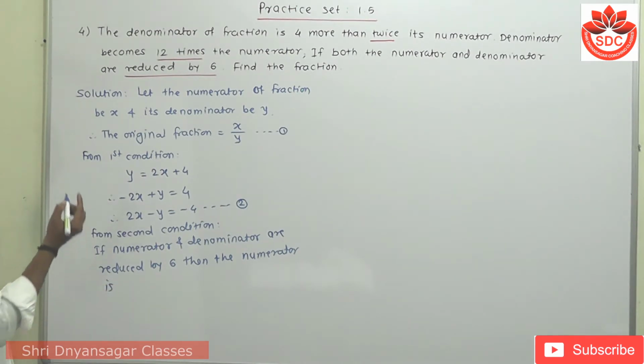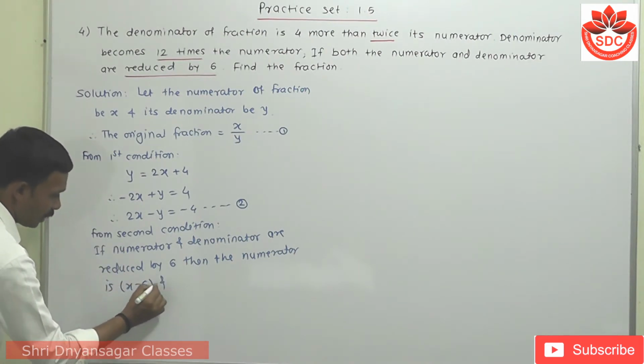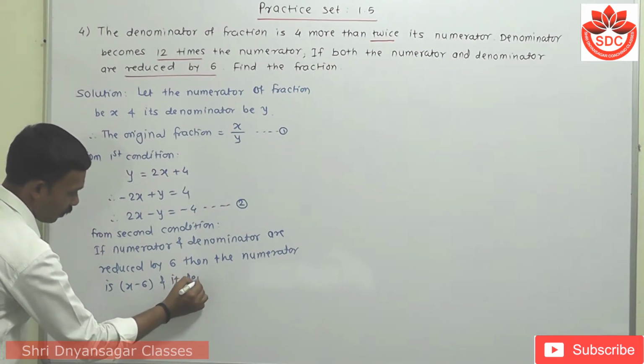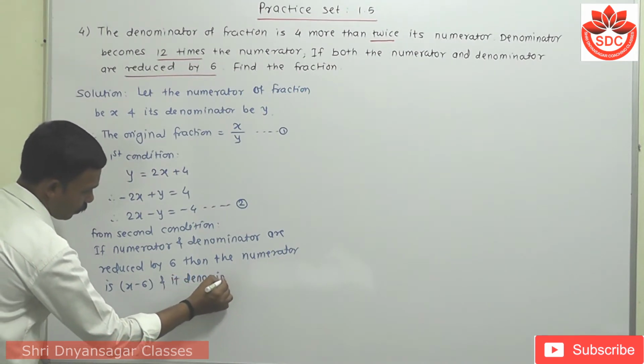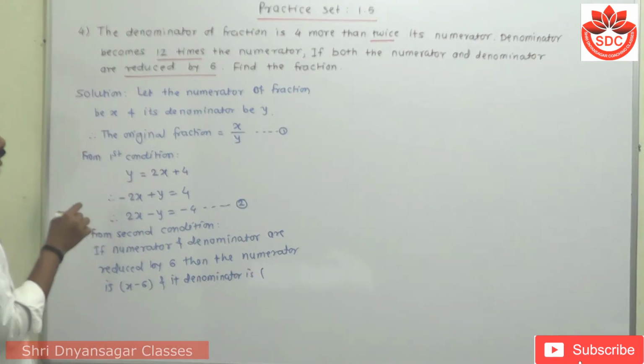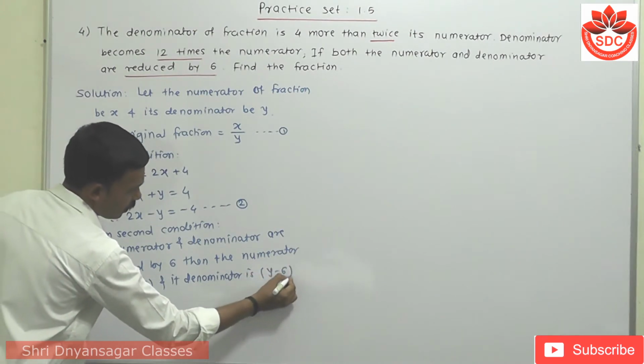The original numerator is x, so it becomes x minus 6, and its denominator y, which is also reduced by 6, becomes y minus 6.